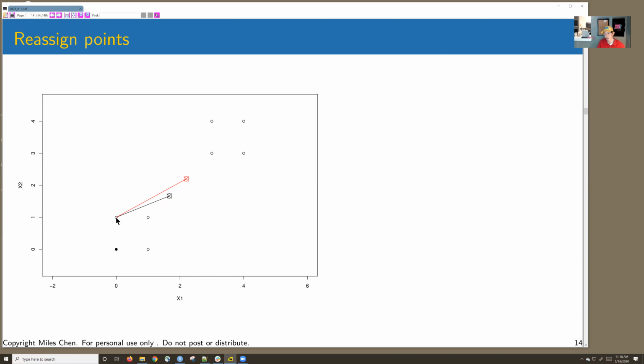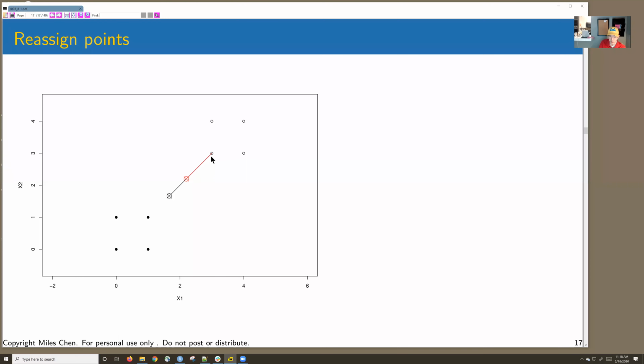We do the same thing for the next observation. We say which centroid is closer, black or red, and the black one is closer, so that gets assigned to black. We do it for this point. Which one's closer, black or red? Black is closer. Black is closer. Okay, this point, which one is closer, red or black?